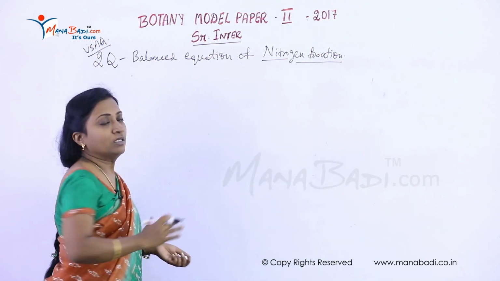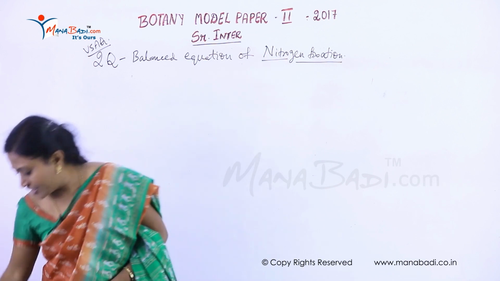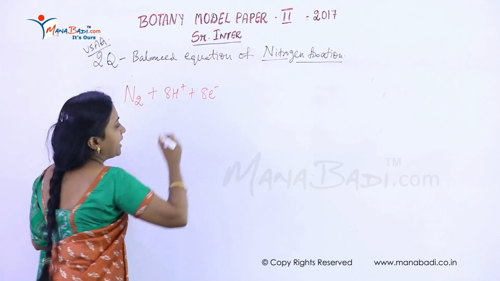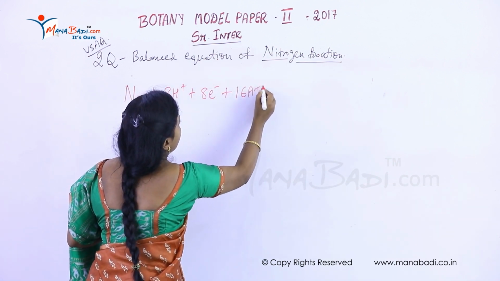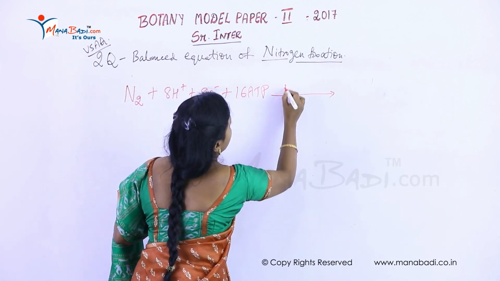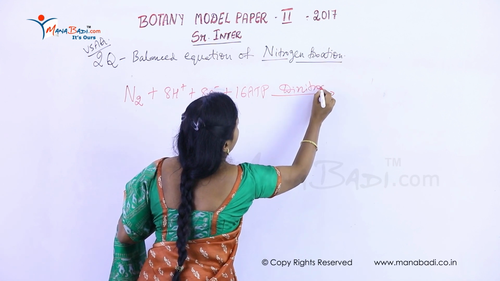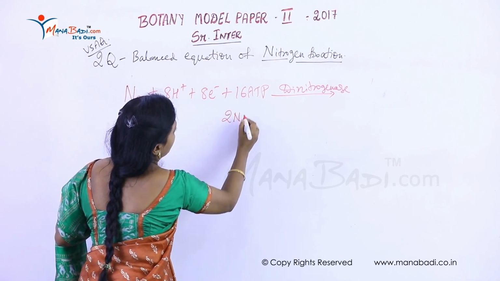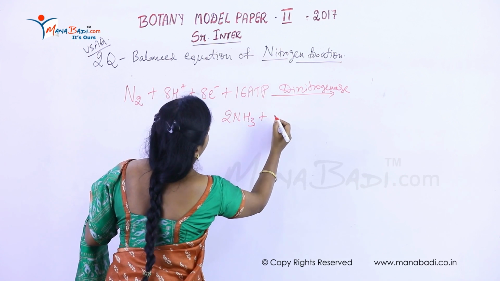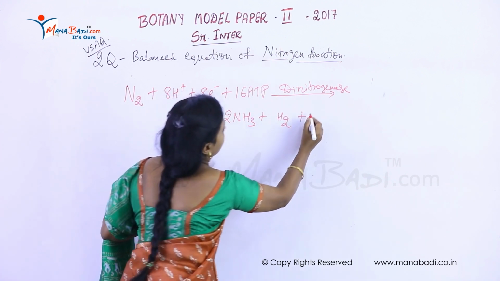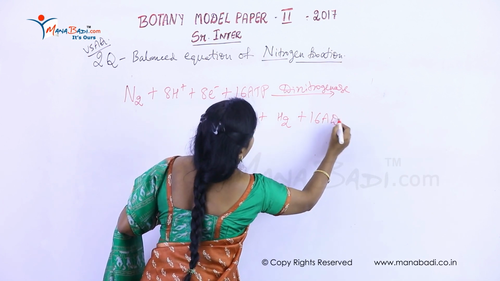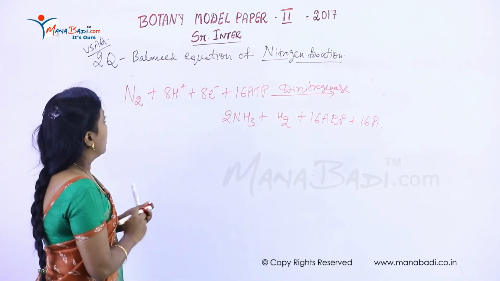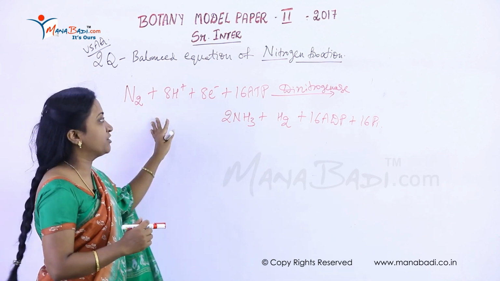First let me put down the equation: nitrogen plus 8 protons plus 8 electrons plus 16 ATP molecules, in the presence of the enzyme dinitrogenase, results in the formation of ammonia plus H2 plus 16 ADP plus 16 Pi. So this is the equation of nitrogen fixation.